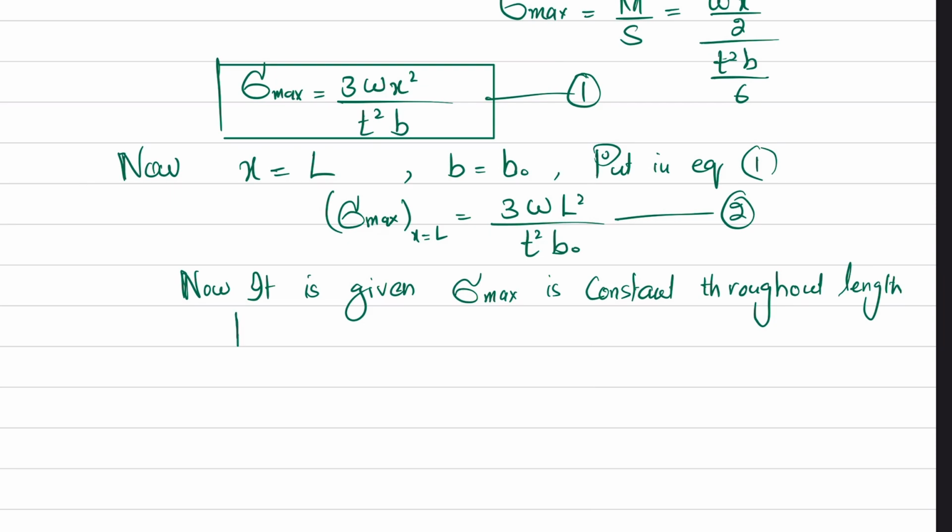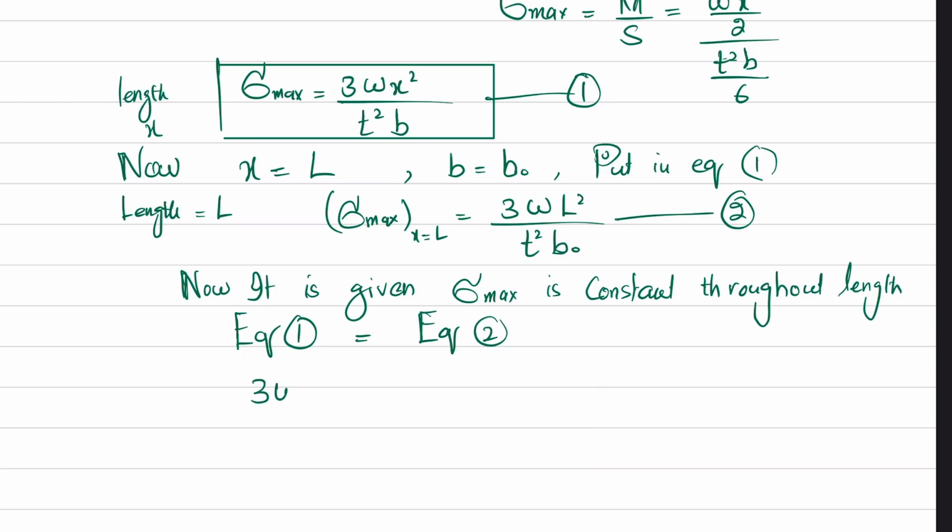We will equate equation 1, which is at length equal to x, and equation 2, which is at length equal to L. So equation 1 will become equal to equation 2, as per the given that sigma max is constant throughout the length.